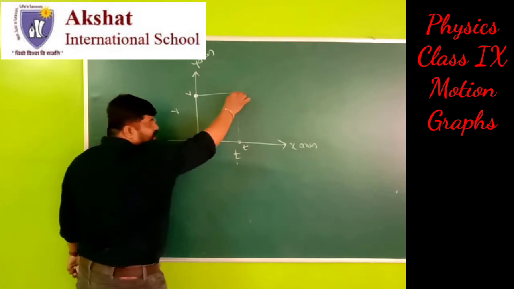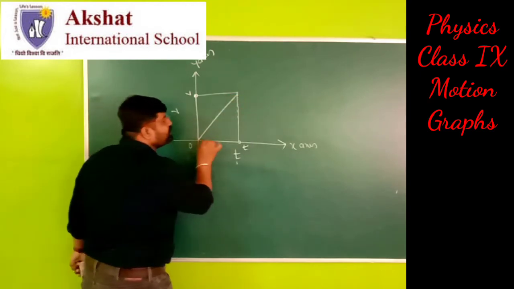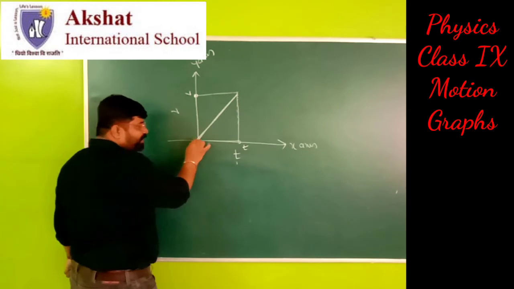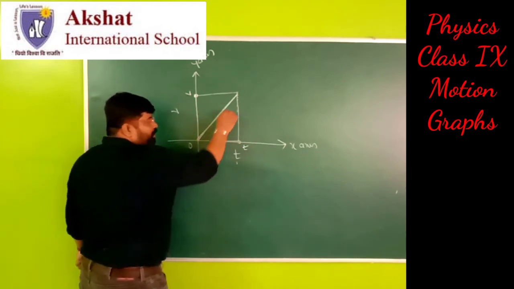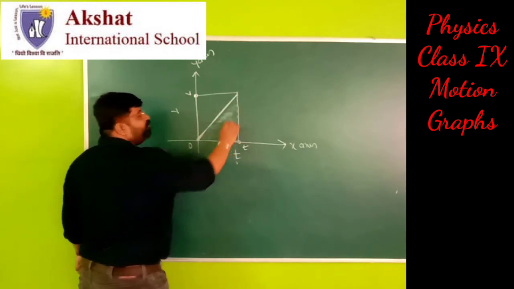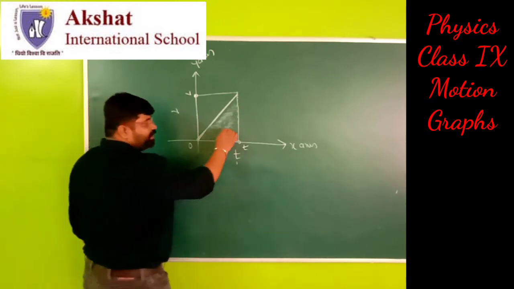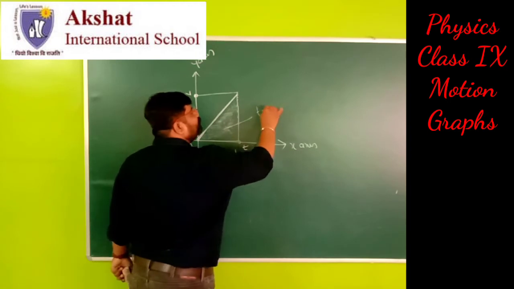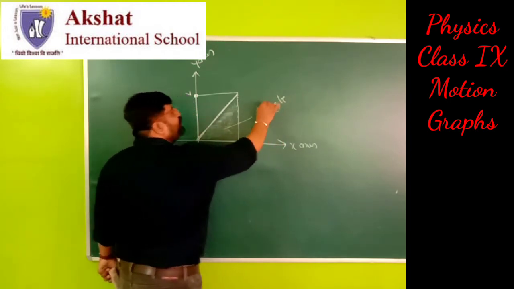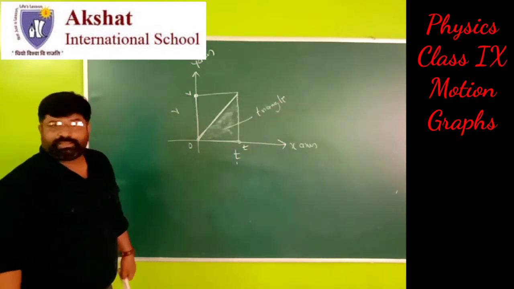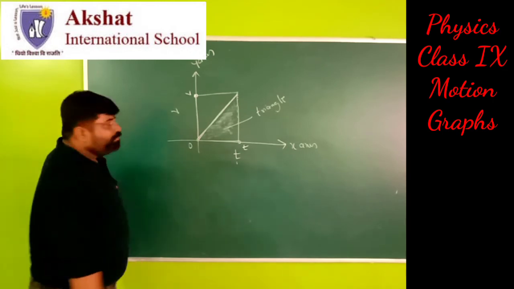Now the area under the graph will be this one. This is our geometric figure which we will get here. I hope you know this geometric figure very nicely. What is this? This is a triangle, and we know the area of a triangle.